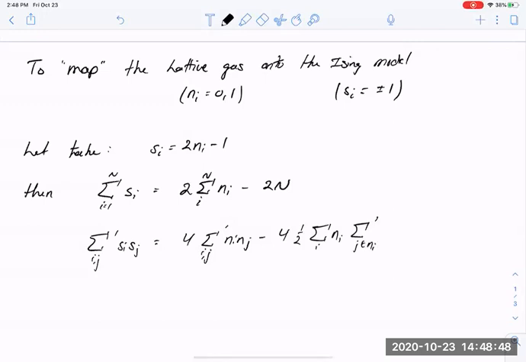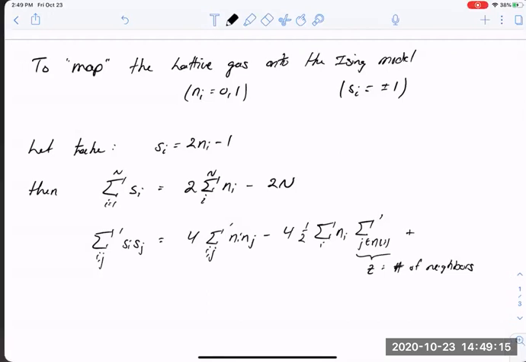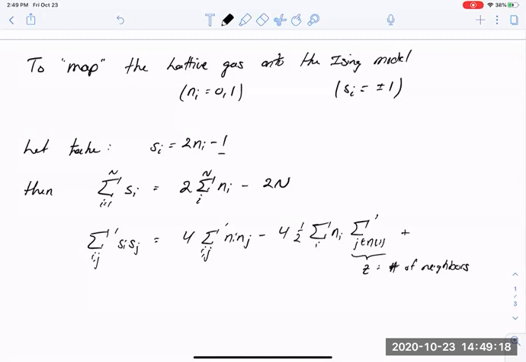That is the sum over the nearest neighbors of spin i, or occupancy variable i, of which there are z, plus an additive constant for the minus 1 term, which just gives me plus N z over 2, the total number of terms in that restricted double sum.